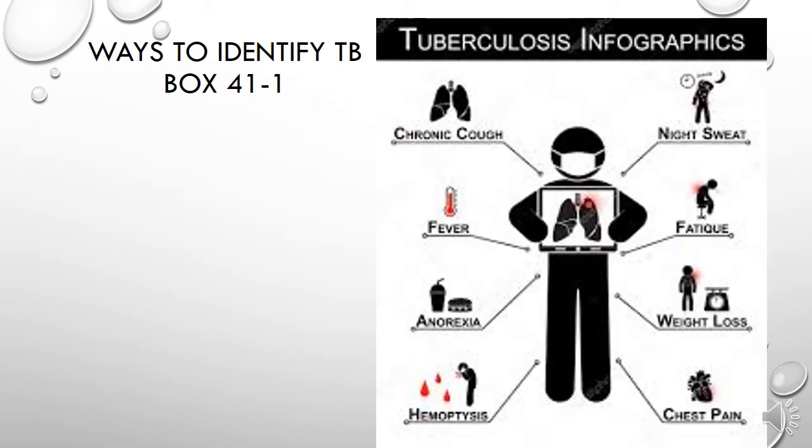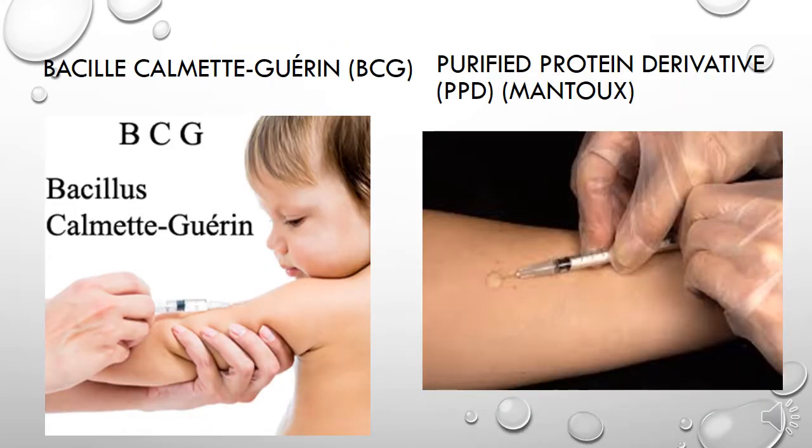Ways to identify TB. You have a box in your chapter, Chapter 41, Box 41-1. Again, just ways in which TB looks: a chronic cough, fever, anorexia, hemoptysis or bloody coughing, night sweats, fatigue, weight loss, and chest pain. Two different ways that we can test for potentially TB. In the United States, we use the PPD or the Mantoux test.